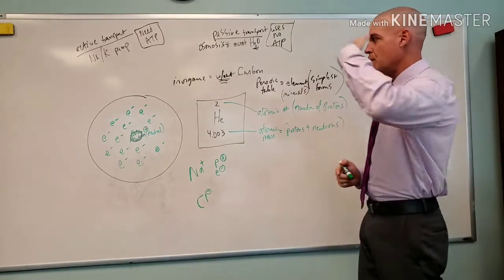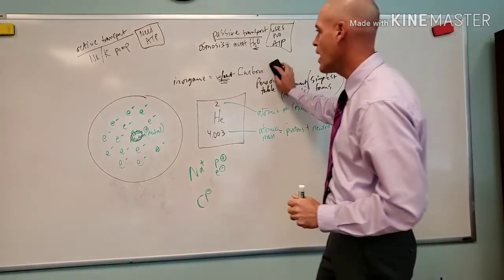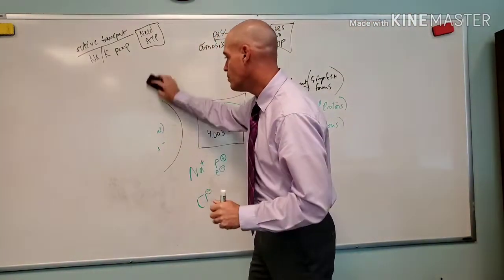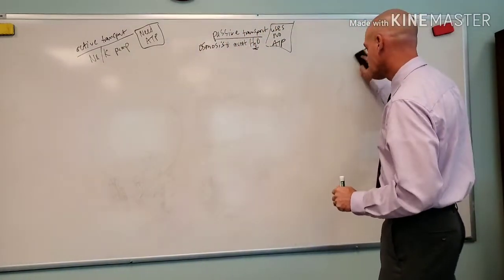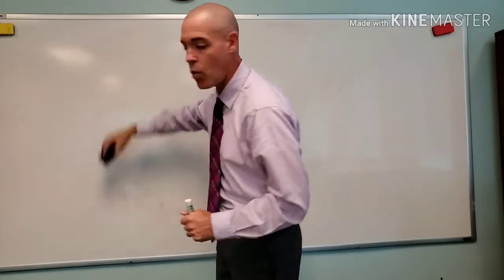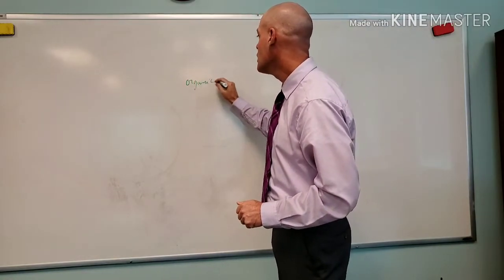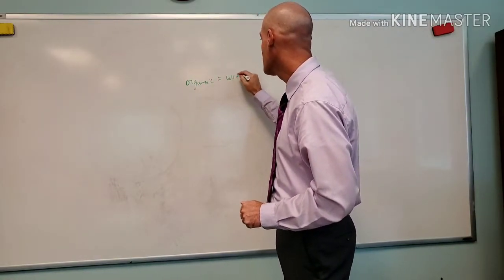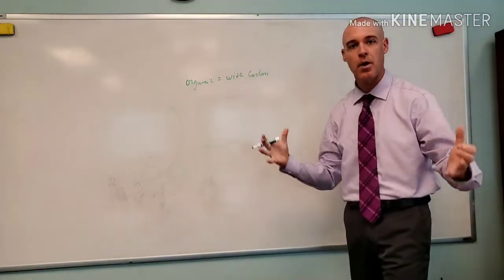Now, if we were getting into bigger molecules, a lot of which we call polymers, we would be discussing something called organic chemistry. The term organic simply means with carbon. Organic chemistry is always going to be larger molecules.